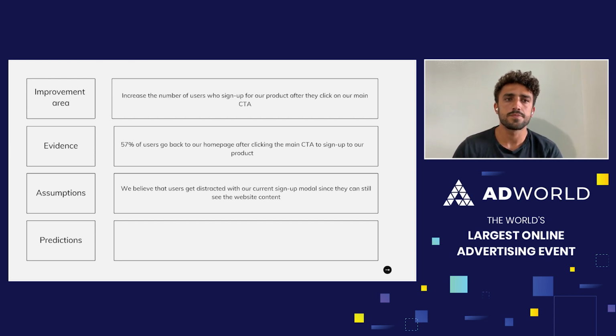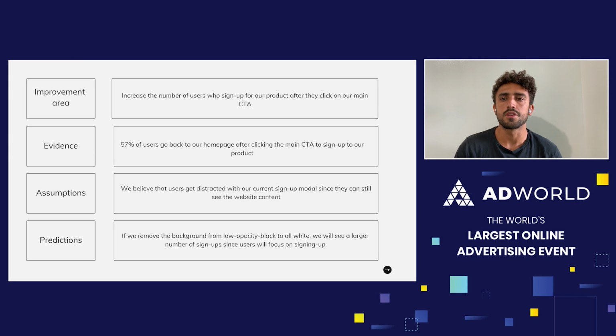In this case, what we came up with is that if we change the background from a low opacity black background to an all white one, we will see a larger number of people signing up because these users will focus on the right action we want them to take. Okay, this is looking structured right now. We have the problem we're trying to solve. We have the evidence backing our assumptions. We have the assumptions in place, and we have the prediction of what would happen.